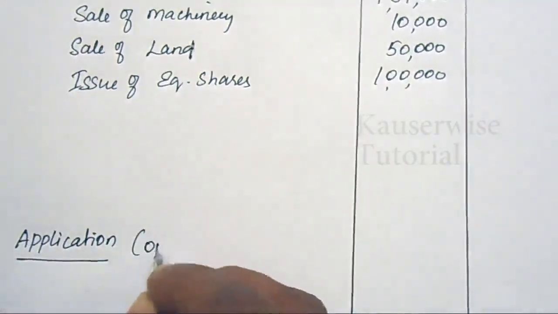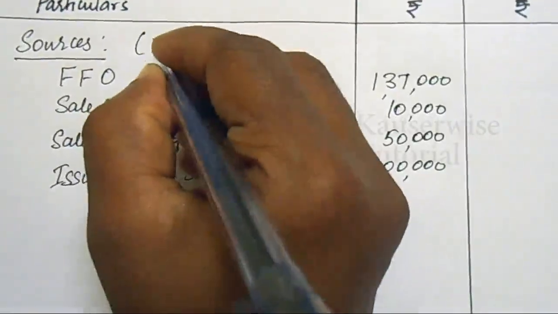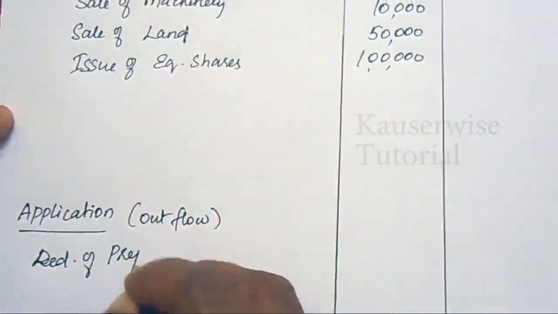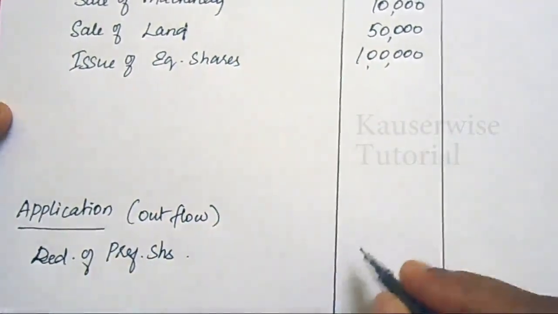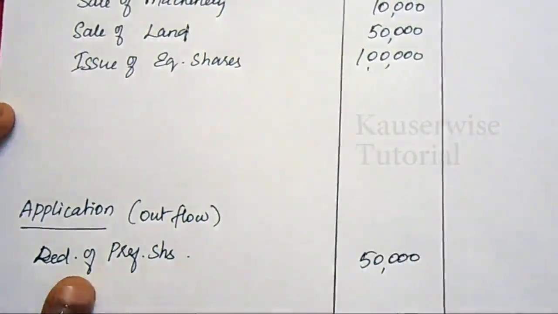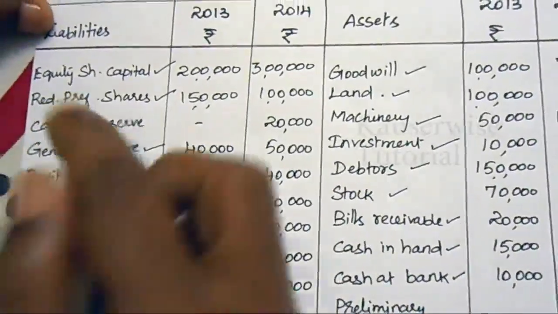That is outflow. This one is inflow. Redemption of preference shares, how much? 50,000.